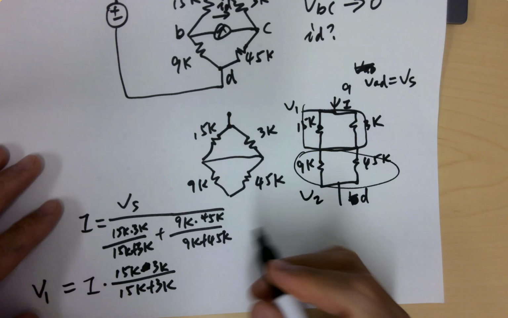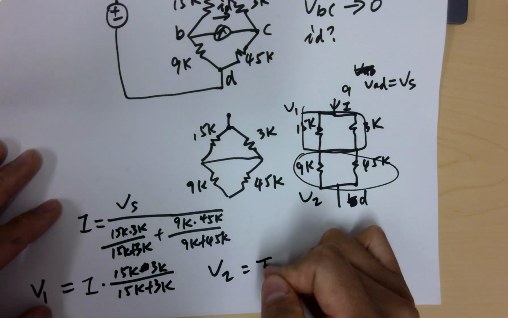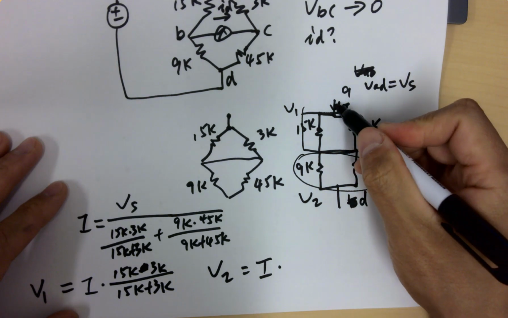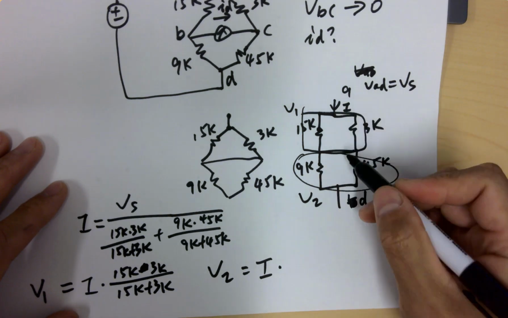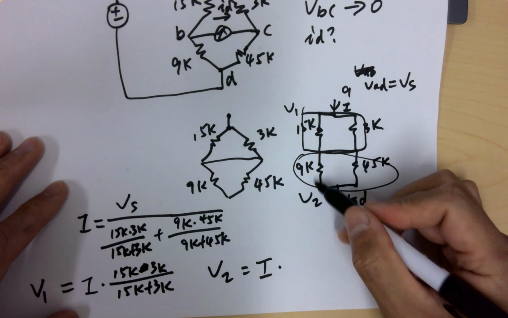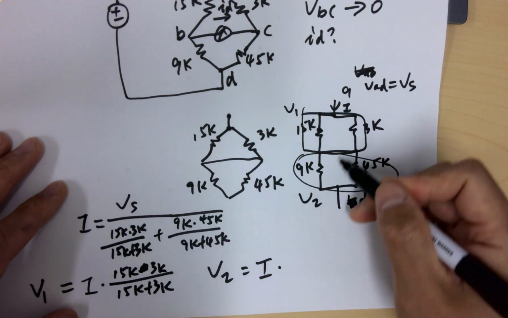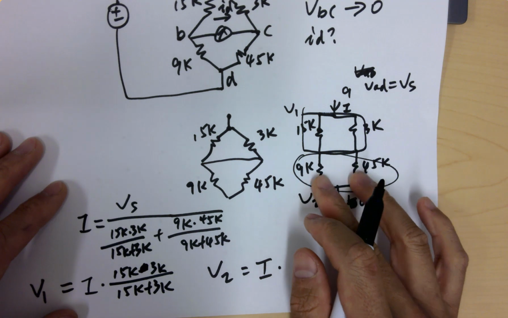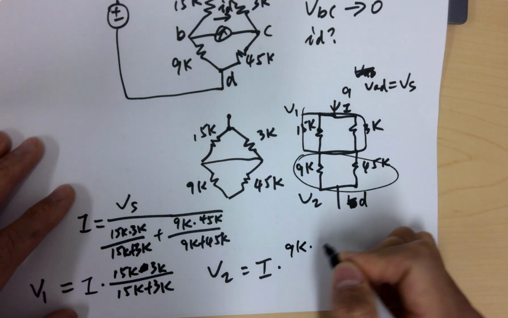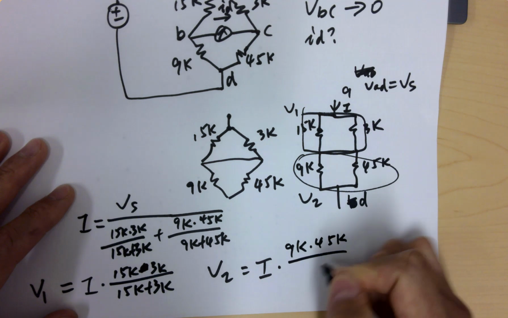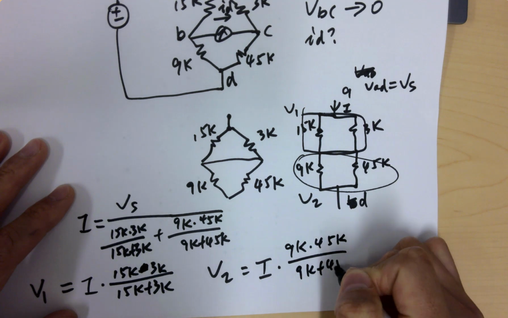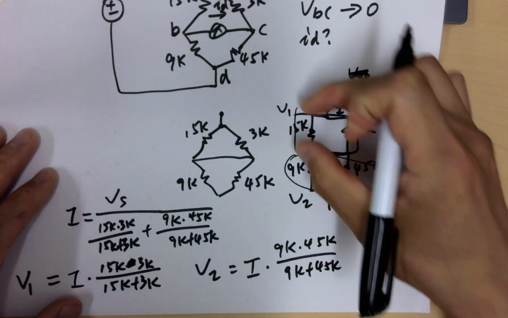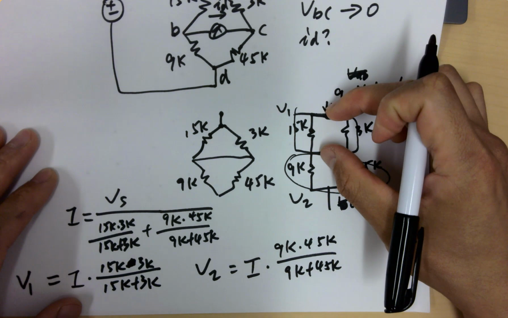V2 will be the current times, because the main current flows through this black box equal to the current through this black box, the equivalent resistance of the parallel resistors, 9K times 45K over 9K plus 45K. So this will be V2, the voltage dropped across this box. V1 is the voltage dropped across this box.